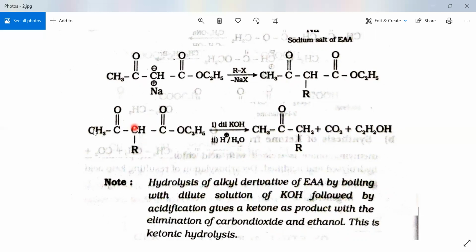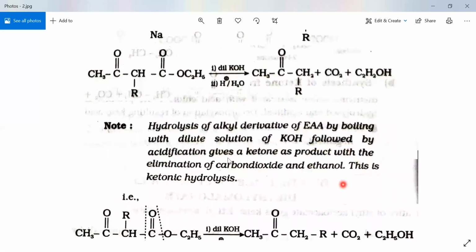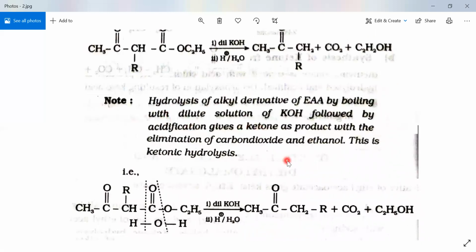So in this alkylated product, the ketonic group is cleaved by acid catalyzed hydrolysis. This H+ with H2O means acid catalyzed hydrolysis.